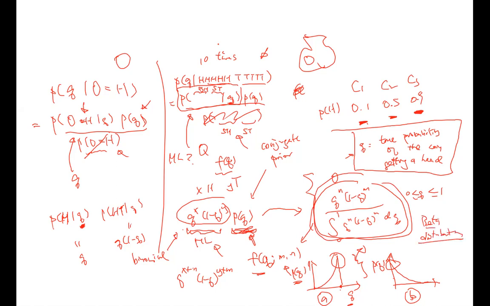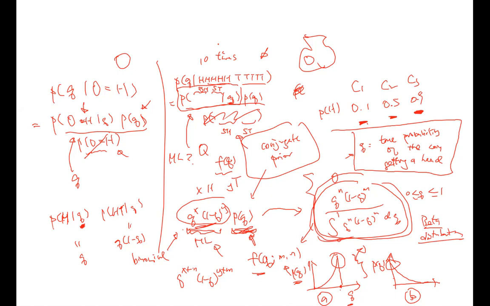I want to make sure you understand the conjugate prior here. And I'll spend a little time on the beta distribution. This is very common, because the binomial trial is a very common kind of experiment.